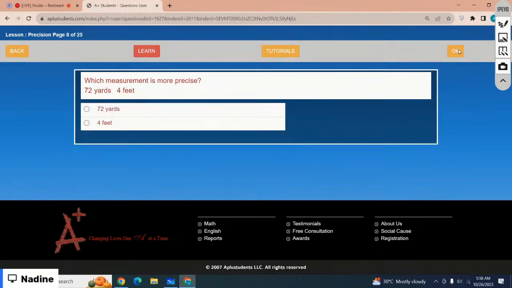Which measurement is more precise, 72 yards or 4 feet?